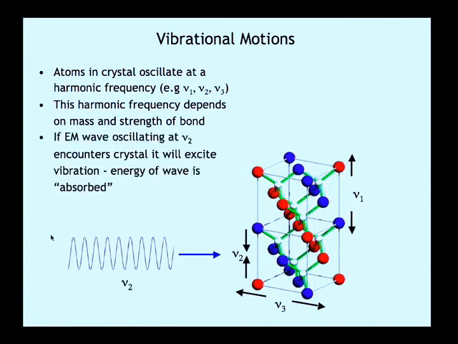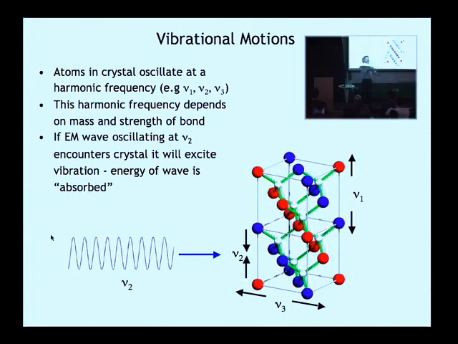material. Because what happens then is if I have this oscillating electromagnetic wave that's coming along, if the frequency of this oscillation, say some frequency nu2, matches the frequency of this harmonic resonance frequency within the material, then this electric field will excite these charged particles, cause them to move, and in the process, reduce or subtract energy from that wave so that when the wave comes out the other side, it's reduced in amplitude, okay?